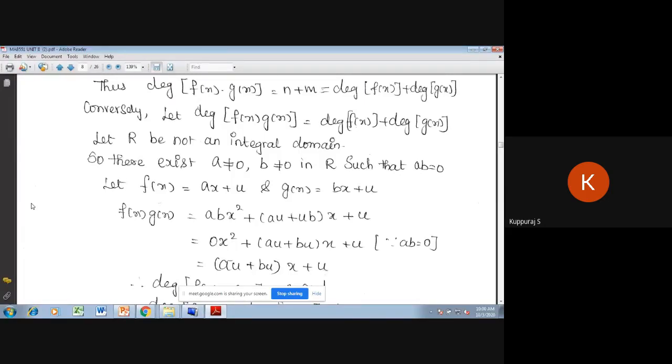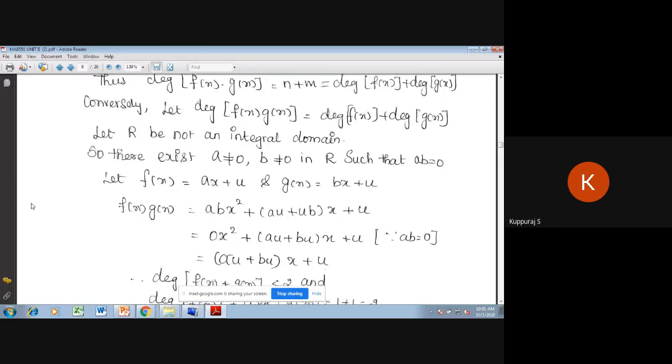So a·b is equal to 0. Since we have assumed a is not equal to 0 and b is not equal to 0, but the product ab is equal to 0, because initially we have assumed capital R is not an integral domain. That's why we put ab equal to 0. So we get 0 times x squared plus (a plus b) u x plus u.